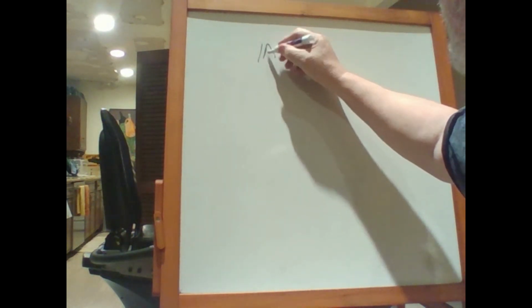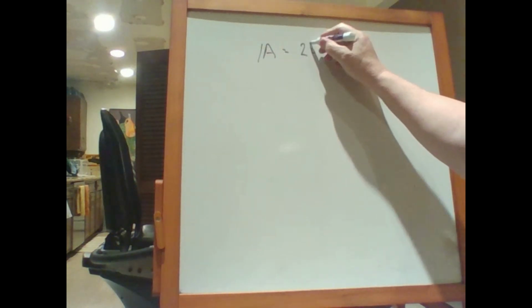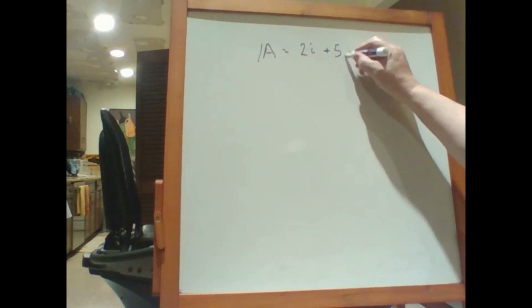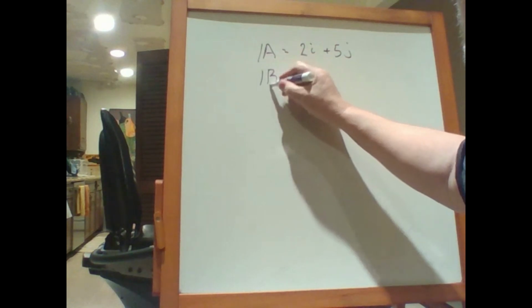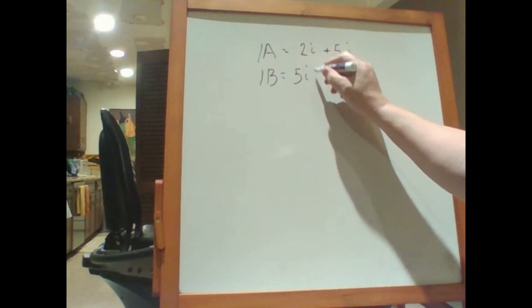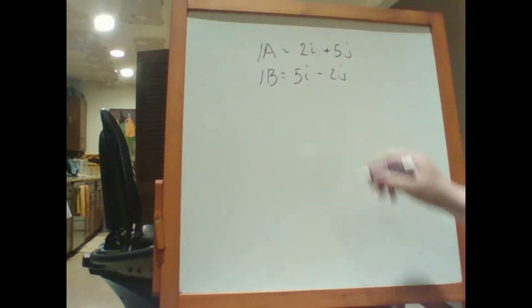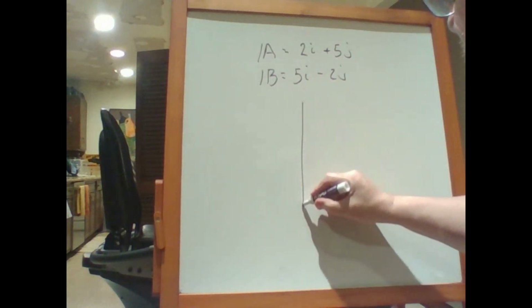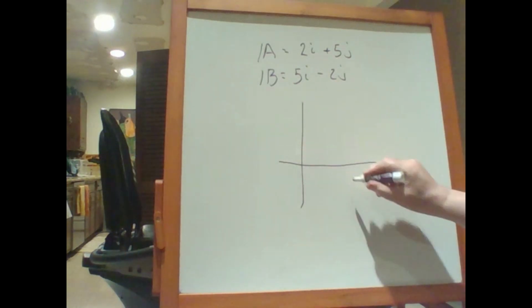Let's say A equals 2I plus 5J, and B equals 5I minus 2J. Okay, so we have an X and Y coordinate system.